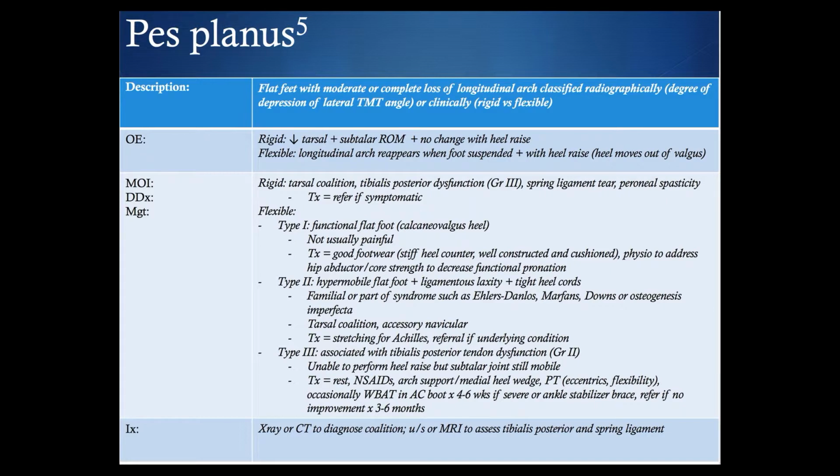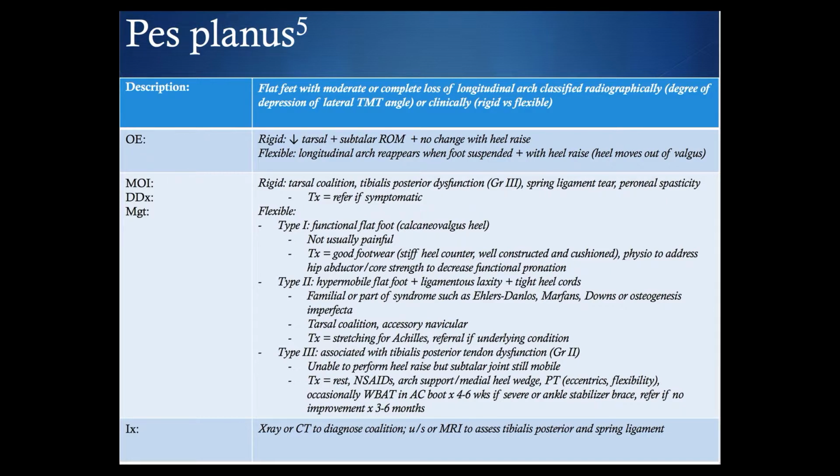For rigid pes planus, you want to look for associated conditions such as tib post dysfunction or previous tear, or a spring ligament tear that may have gone undiagnosed. Certainly look for underlying tarsal coalition, with referral if symptomatic and as appropriate thereafter.